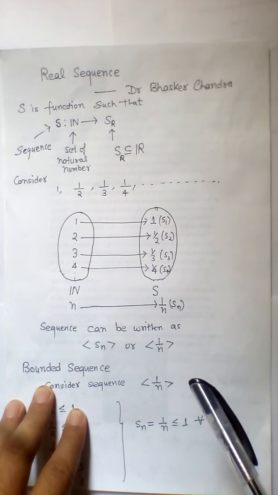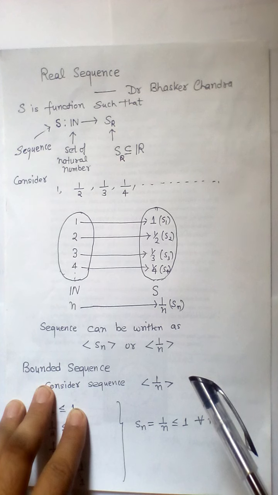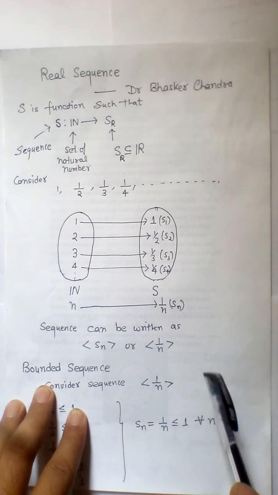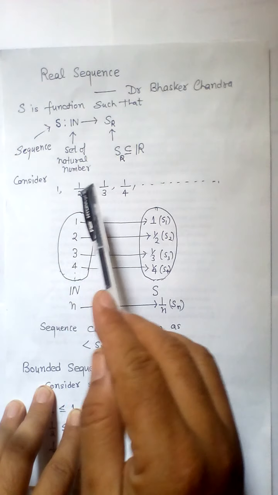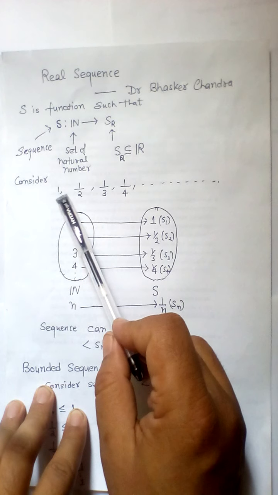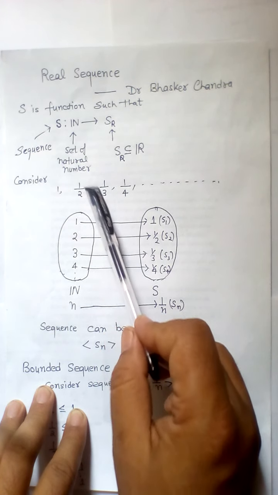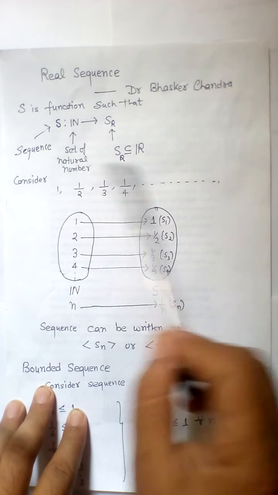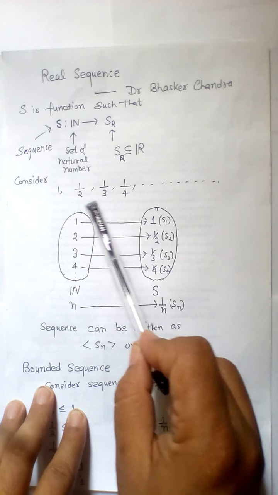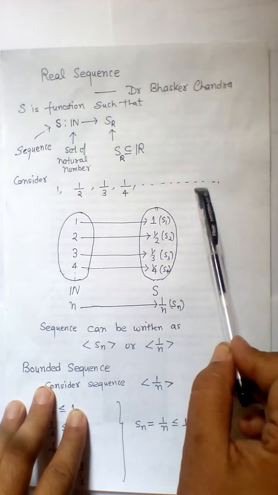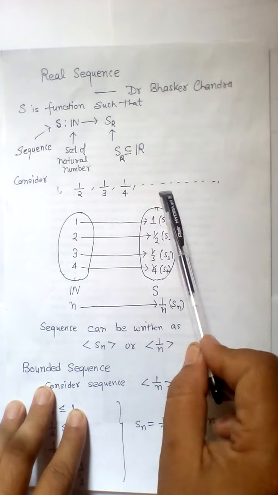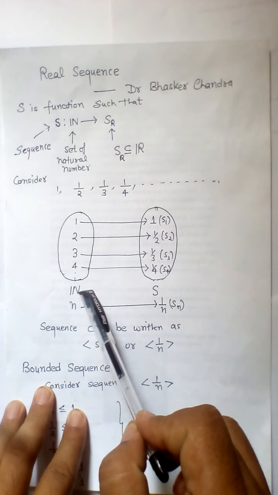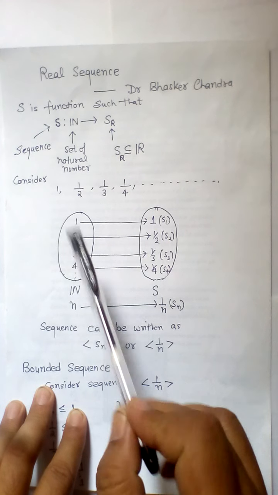We can take an example. See, this is the sequence 1, 1 by 2, 1 by 3, 1 by 4. All these are real numbers, and this is the set of natural numbers.